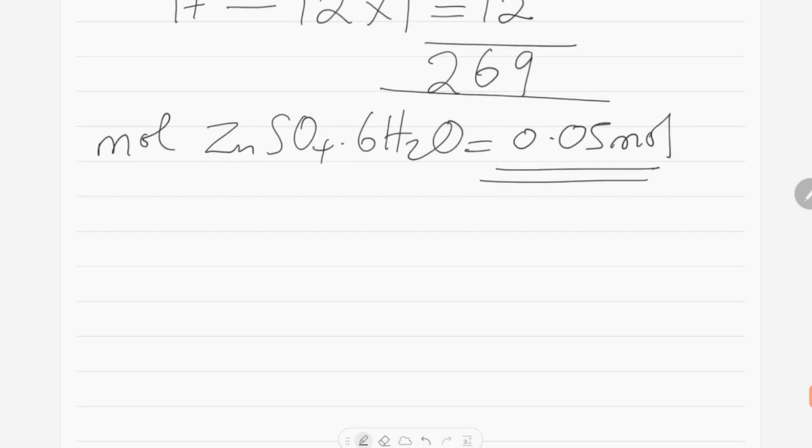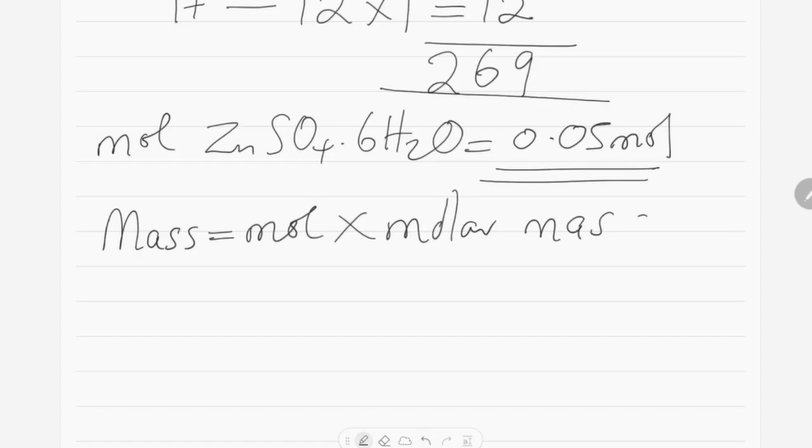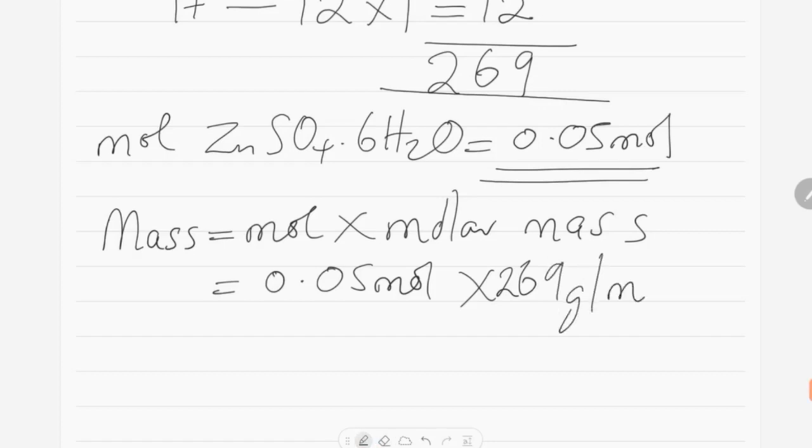Now that we have the moles and the molar mass, we can easily find the mass. So mass is equal to mole times molar mass. The mole in this case is 0.05 mole times the molar mass, which is 269 grams per mole.